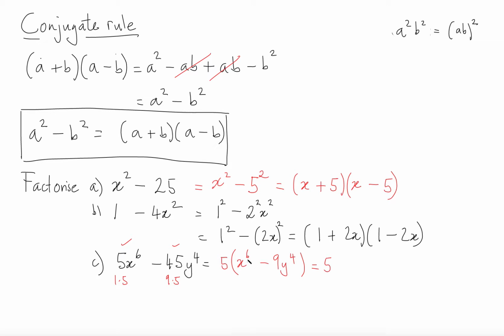Now, is x to the 6 a square? Well, yes it is. We can write it x cubed all squared, and minus 9y to the power 4 is also a square, because 3 squared is 9, and y squared squared is y to the power 4, so this becomes 3y squared all squared.